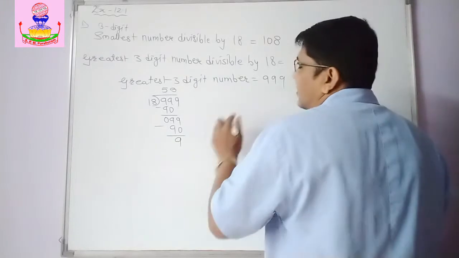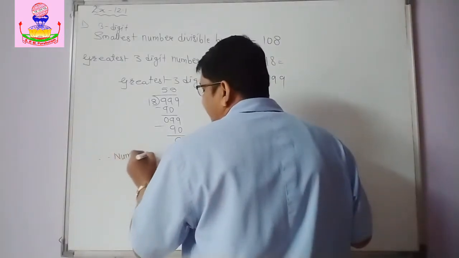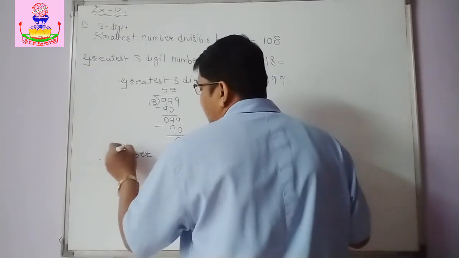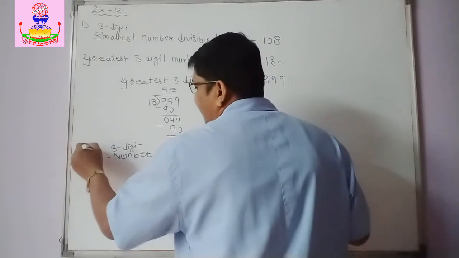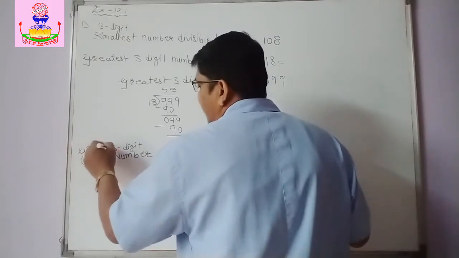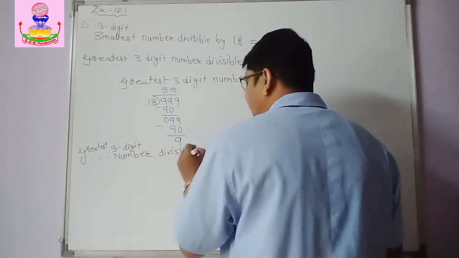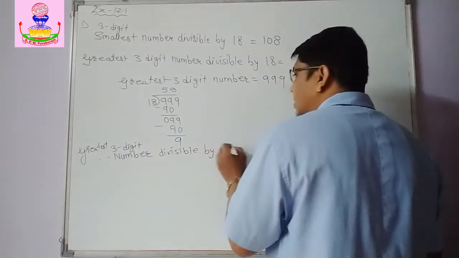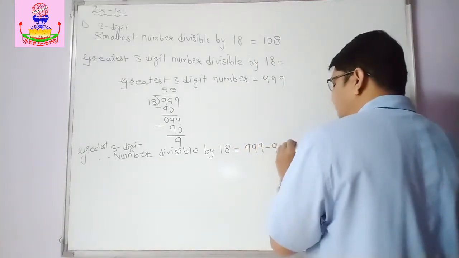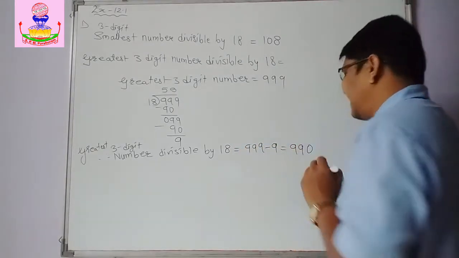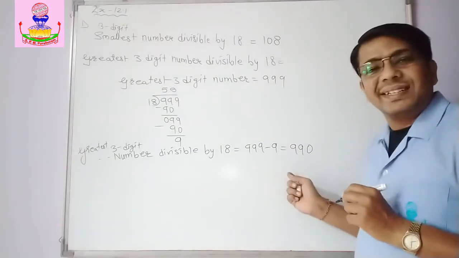So therefore it is a 3-digit number divisible by 18, no doubt about it, and it is the greatest. So the greatest 3-digit number divisible by 18 is equal to 999 minus 9, that is 990.